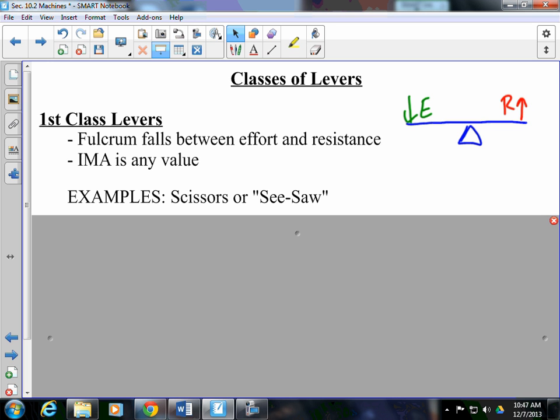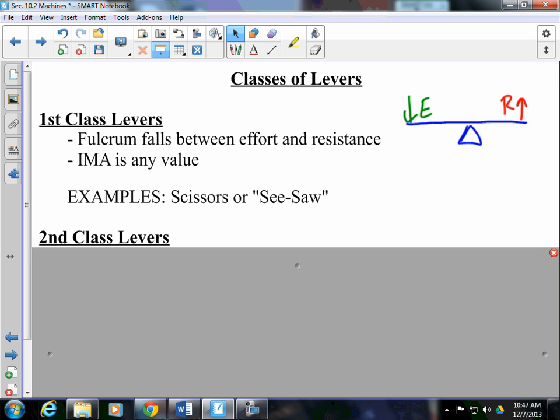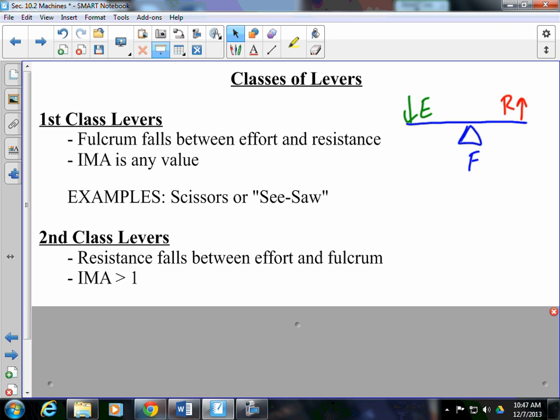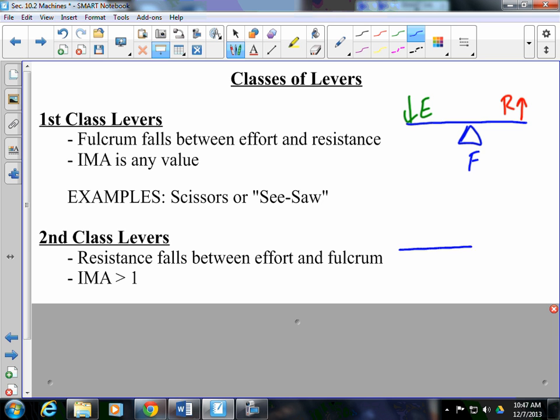Second class levers. All we're doing is rearranging where our effort, resistance, and fulcrum fall. So in a first class lever, the fulcrum was in the middle. In a second class lever, the resistance is in the middle.